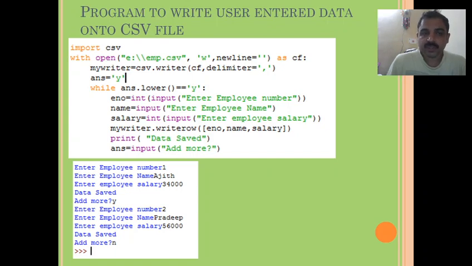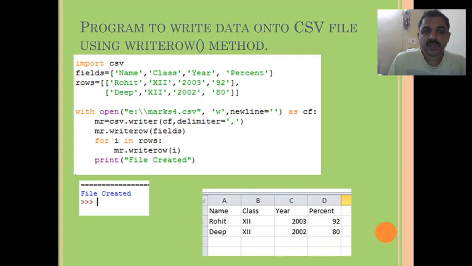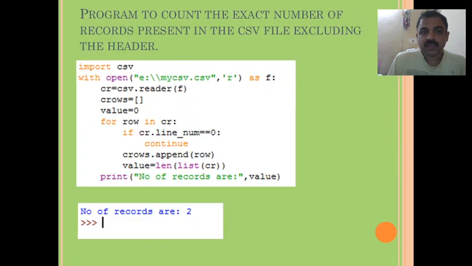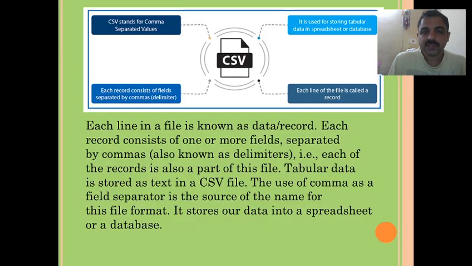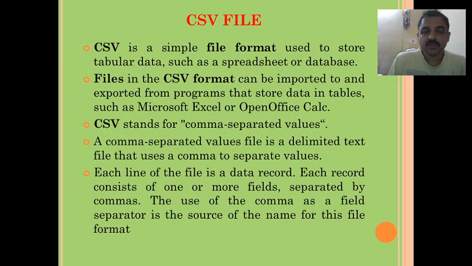These are the operations we saw to perform on a CSV file. I hope you are clear with the contents of the CSV file and you understood what CSV is and what the operations are, and how they can be performed on a CSV file. We'll see the other things in the next session. Thank you.